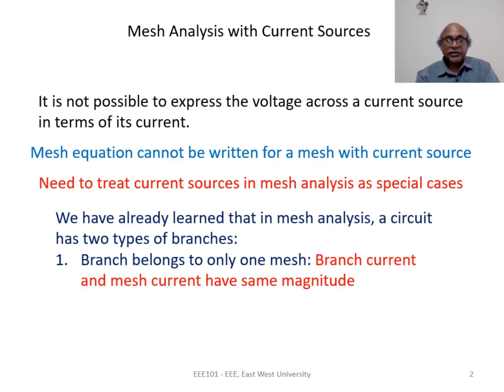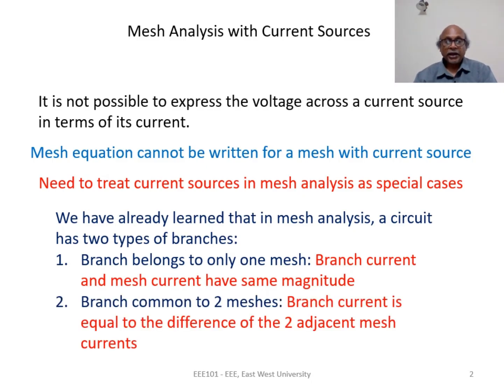In mesh analysis, from the previous class, we have already learned that there are two types of branches. In the first type, the branch belongs to only one mesh, so the magnitude of the branch current and the mesh current are equal. In the second type, the branch current is equal to the difference of the two adjacent mesh currents.